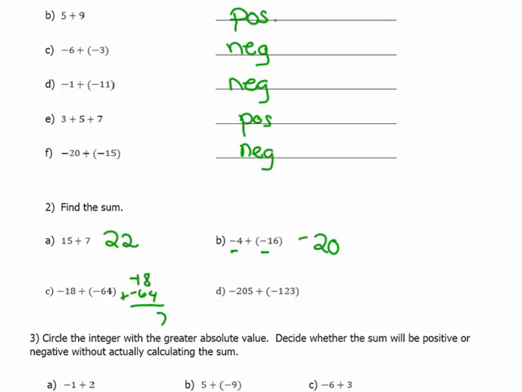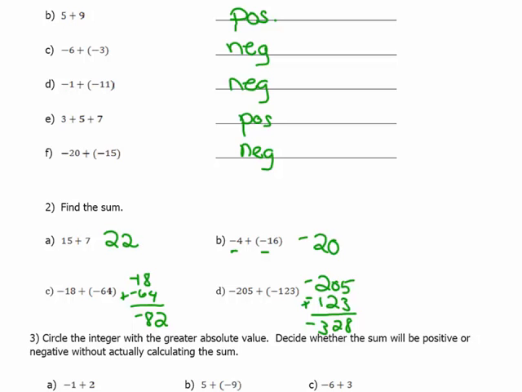So I have negative 82, added them, kept the sign. For letter D, we have negative, negative, so those are the same. I'm going to add them together, 8, 2, 3, and I'm going to keep the sign, negative 328.